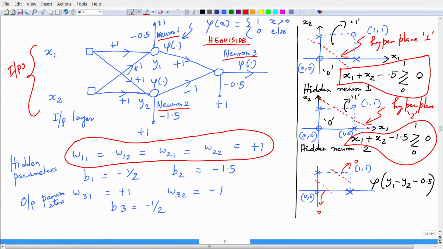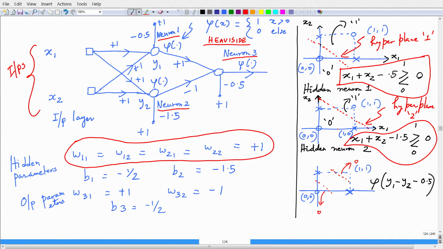I just have to sketch x1 plus x2 minus 0.5 and x1 plus x2 minus 1.5, and for the first case it is a hyperplane like this, and in the second case it is a hyperplane like this. Okay. And if you carefully observe, the first hyperplane separates the point 0 0 from the other points.